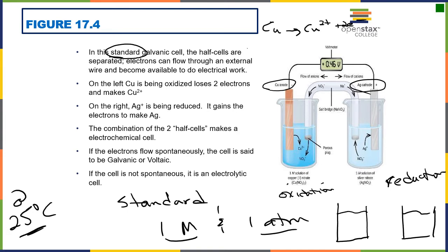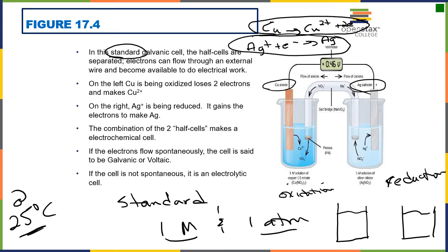Those electrons in our reduction half are going to be gained by silver to go into Ag. These 2 half reactions are going to make up my standard electrochemical cell, where the one losing is going to be the oxidation half, and that will be our anode. The one gaining is going to be our reduction half, and that is going to be our cathode. In order for this to occur, we have to have 2 more parts.